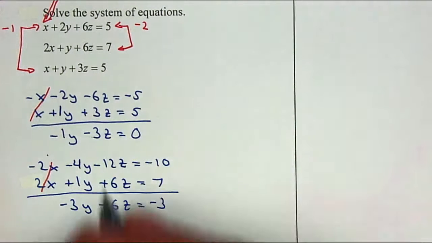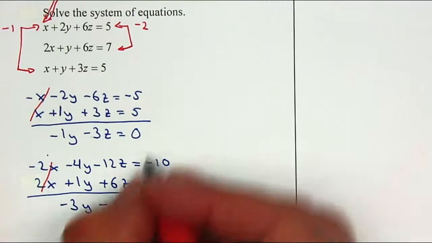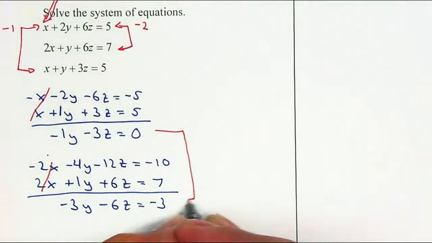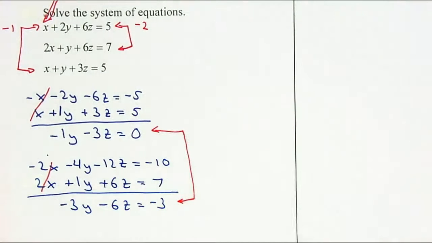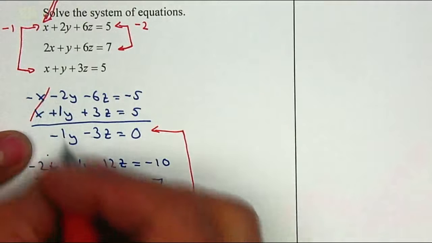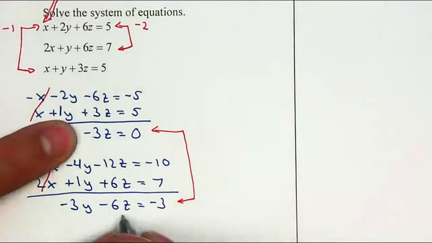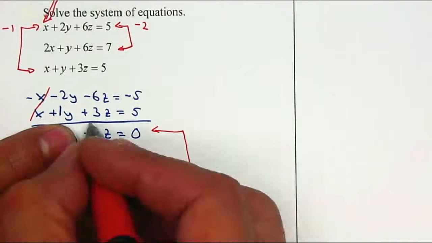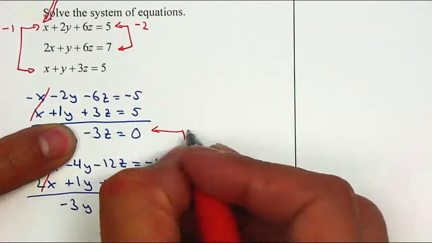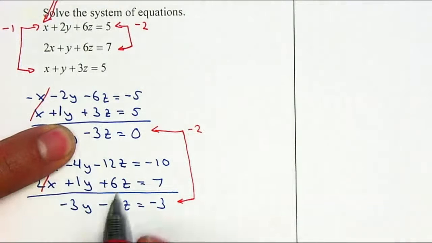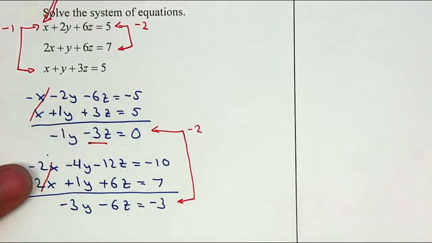Next, now that I have two equations and they both have y's and z's, I can combine both equations and cancel the y's or the z's. Let's see, they both look about the same. So let's go and cancel the y's, or do you prefer the z's? Let's cancel the z's. Let's go and multiply the top equation by -2, so that becomes a +6, and that will cancel with a -6.